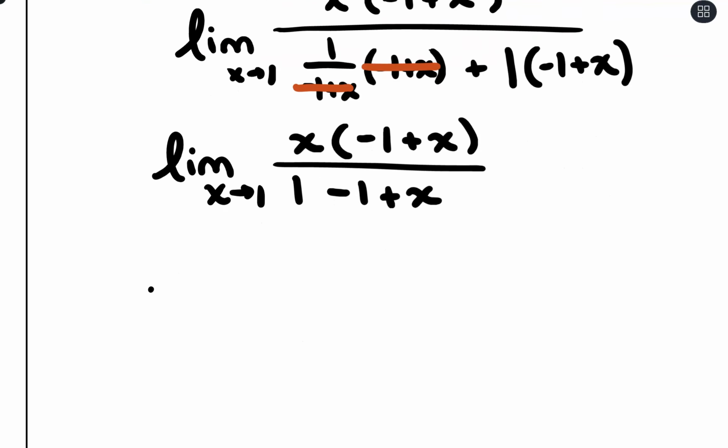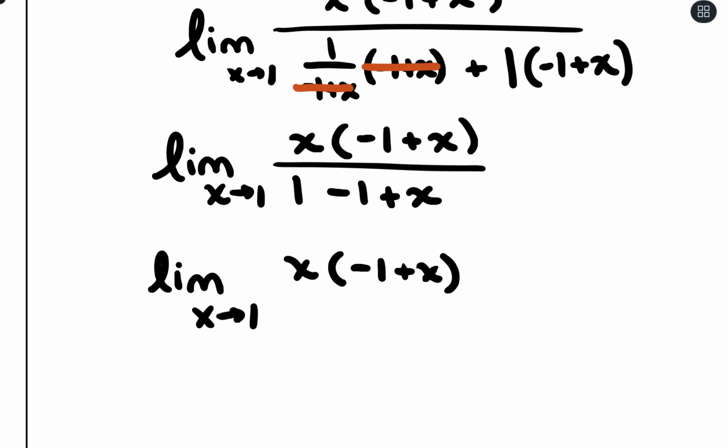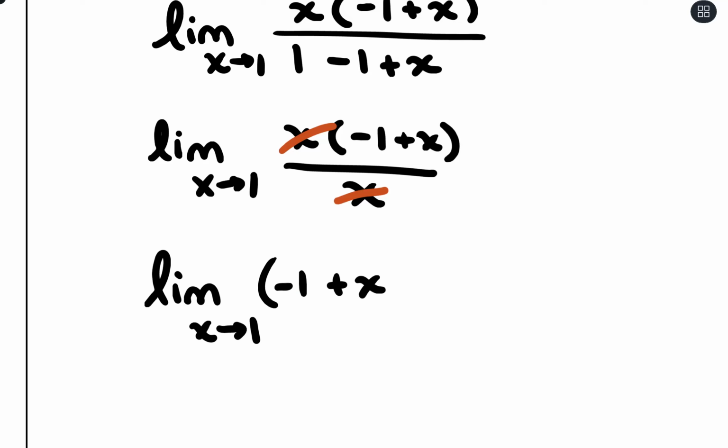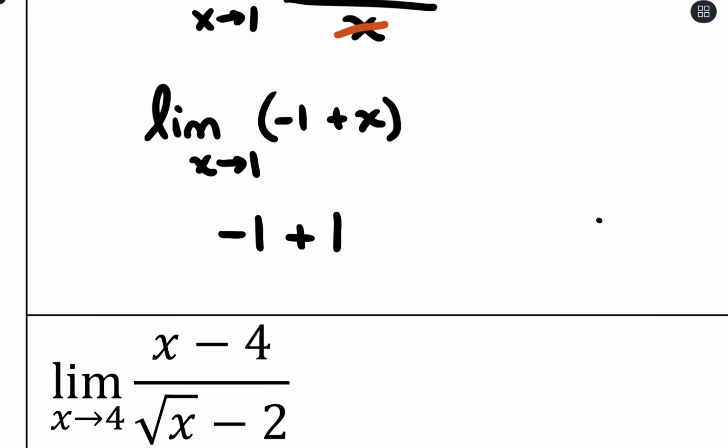And with that, we'll have the limit as x approaches 1 of x times -1 plus x over x. I could go ahead and plug in 1 at this stage, but we could even see those x's cancel. So you can keep simplifying until it's fully simplified, or you could go ahead and plug in just as soon as you can, but we'll be plugging in and we should end up with -1 plus 1, all of that, to get a 0 out in the end.